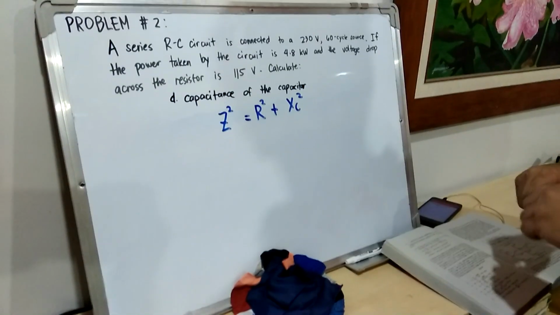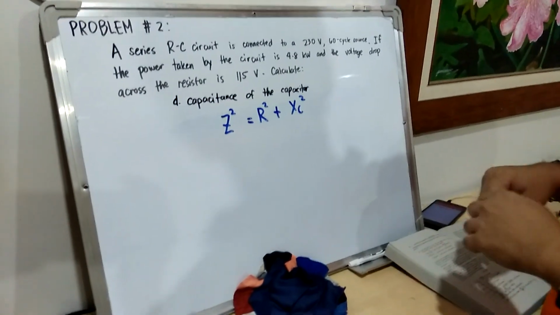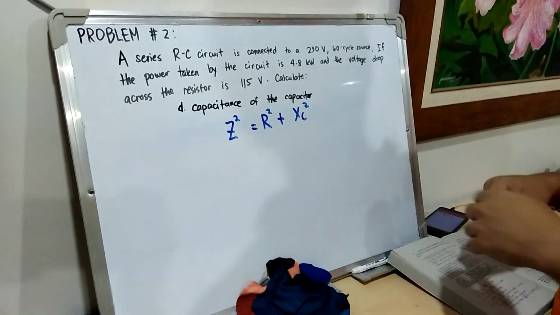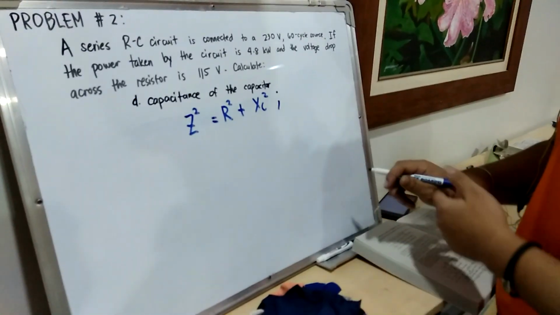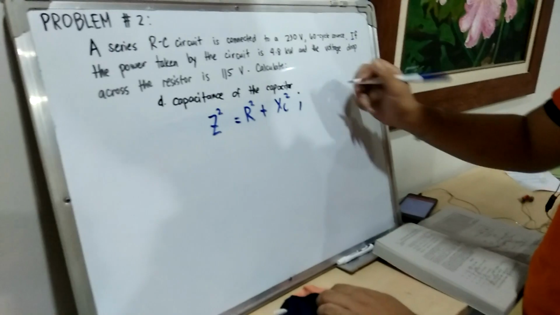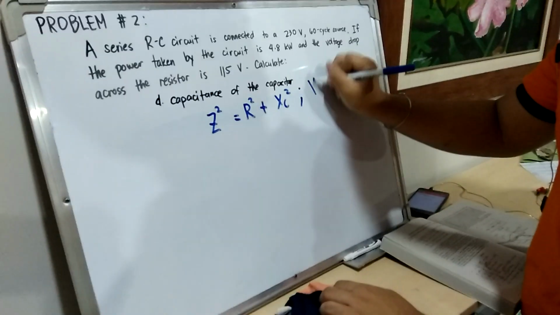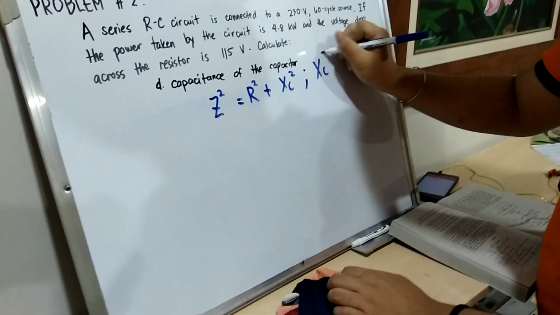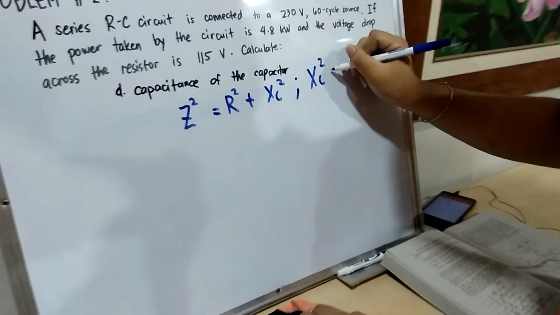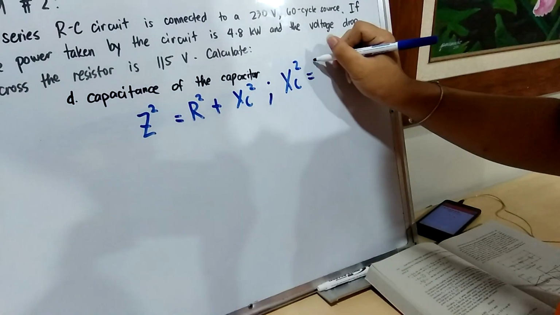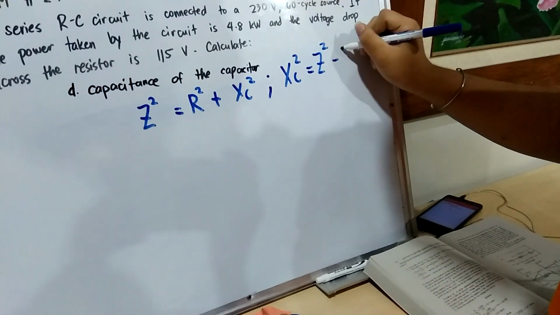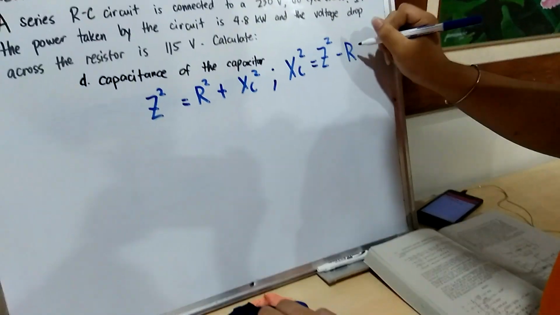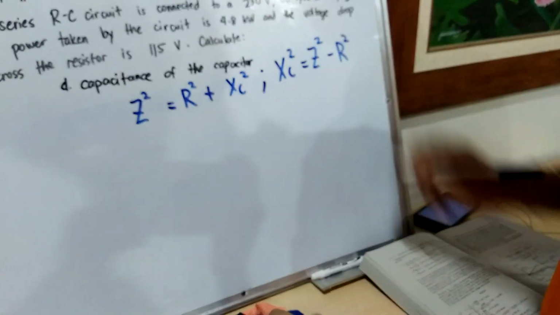We need to find the capacitance, but first we need to find the capacitive reactance X sub C. Manipulating this formula, we get X sub C squared is equal to Z squared minus R squared.